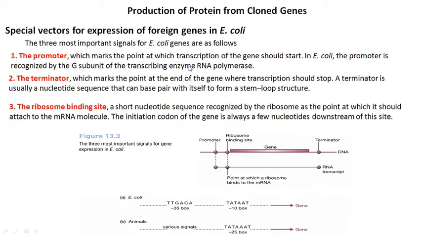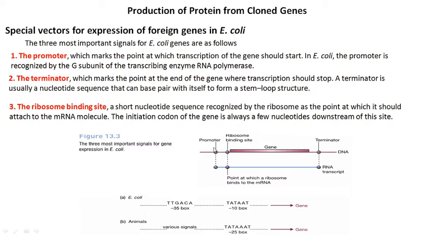So here, as I already discussed, there are three main important features for the expression vector. The first one is promoter. Actually, promoter is the point at which transcription of genes should start. So in E. coli, the promoter is recognized by the sigma subunit of the transcribing enzyme RNA polymerase.